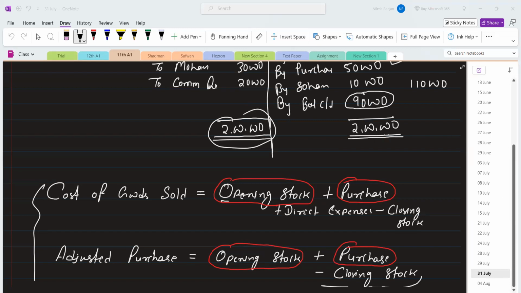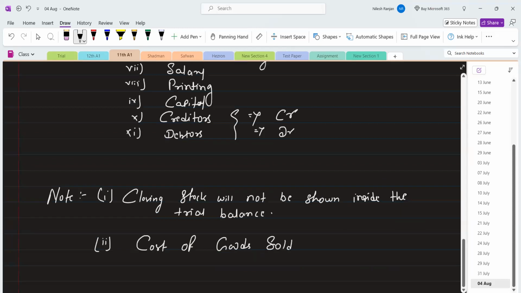Okay, there was a note. Yes, this one, the first one. Write this note: closing stock will not be shown inside this one.